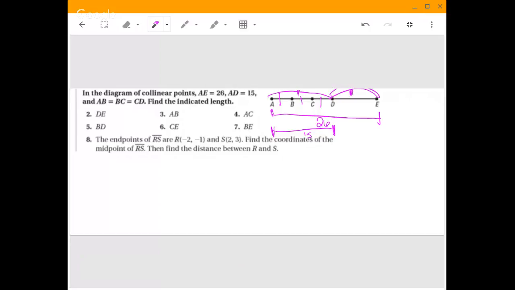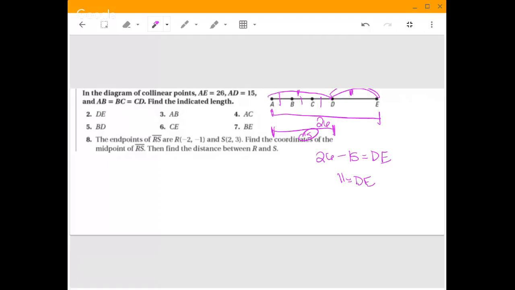So we could say the whole thing, which is 26, minus this part equals DE, right? Right. Okay. So then 26 minus 15 gives us 11. Does that make sense? Yes. Okay.